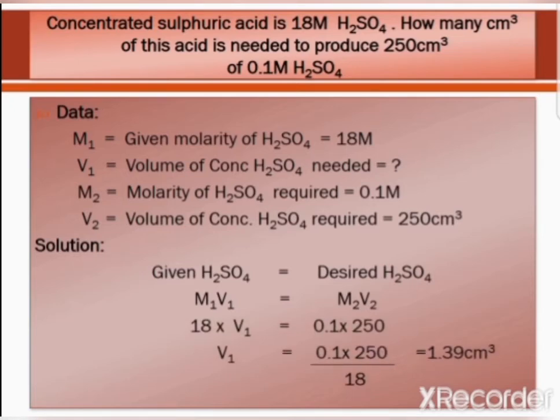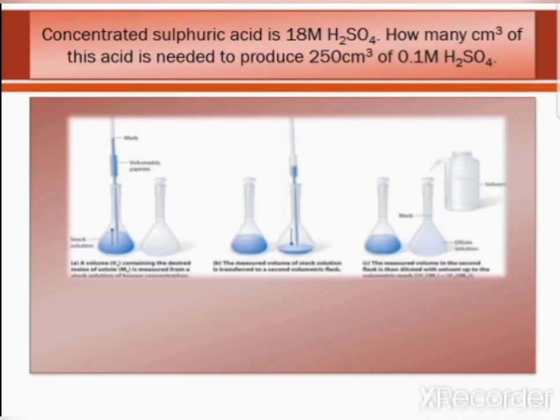Now putting the value of M1, that is 18, into V1 which is to be calculated, is equal to M2 which is 0.1 into V2, that is 250 cubic centimeter. So V1 is equal to 0.1 into 250 divided by 18. Answer is 1.39 cubic centimeter.